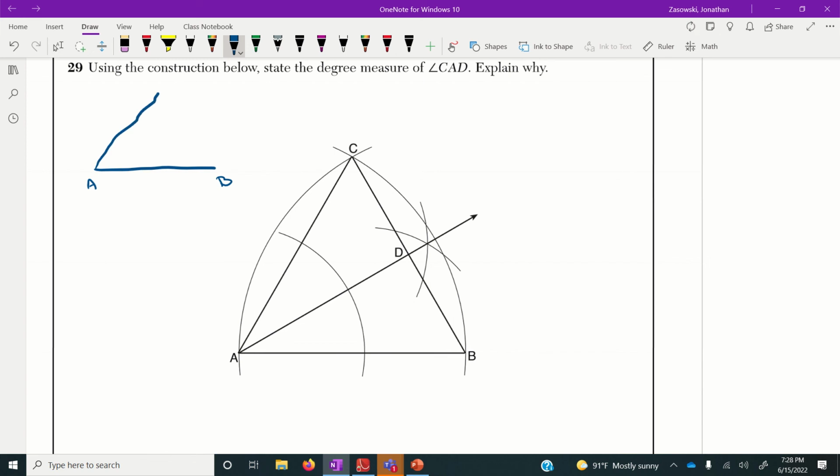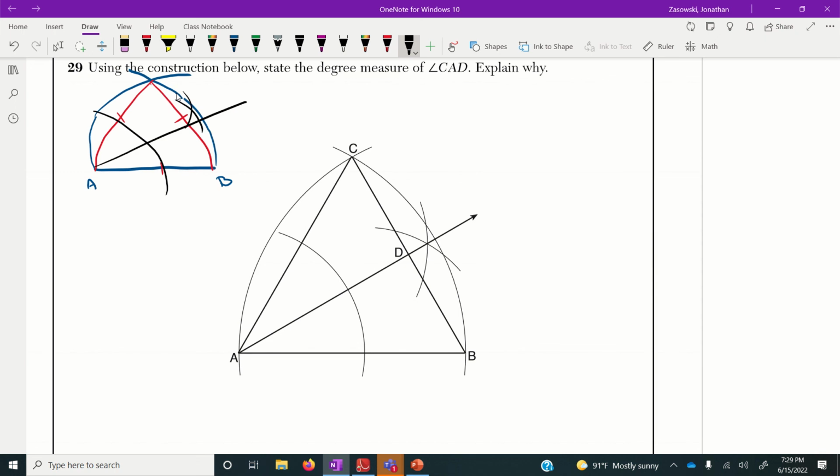So, right, when we do our construction of the football, the top of the football creates an equilateral triangle, because these are all the radii and they're all equal. And when we do this line here, afterwards, with our x going through the middle, that is the angle bisector.